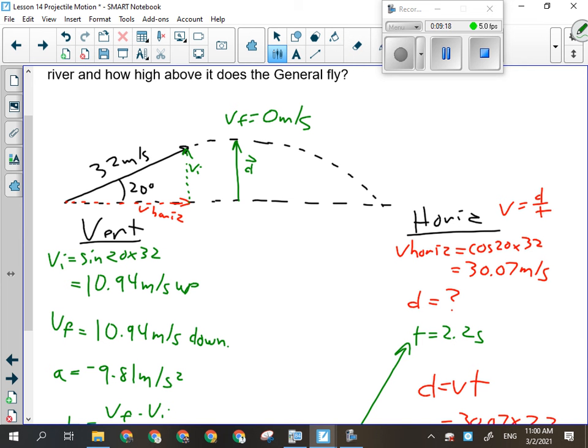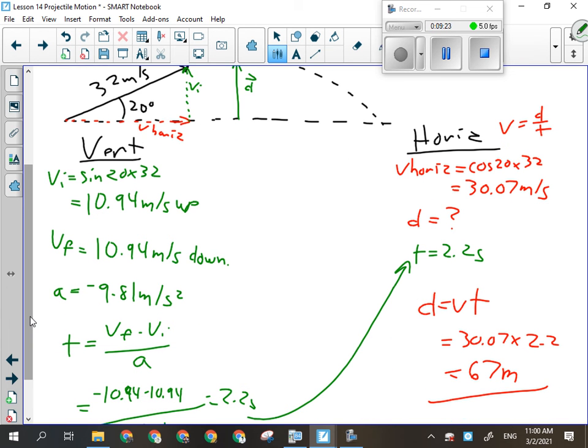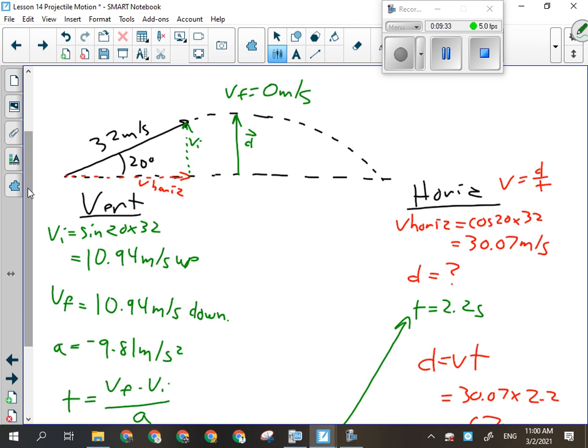What's something else that's going to change that I calculated already for the maximum height? Time. Time will be how much? Half. Because this occurs at exactly halfway through the flight. Now this is why I typically show people one way to do this and I don't show them the other way.